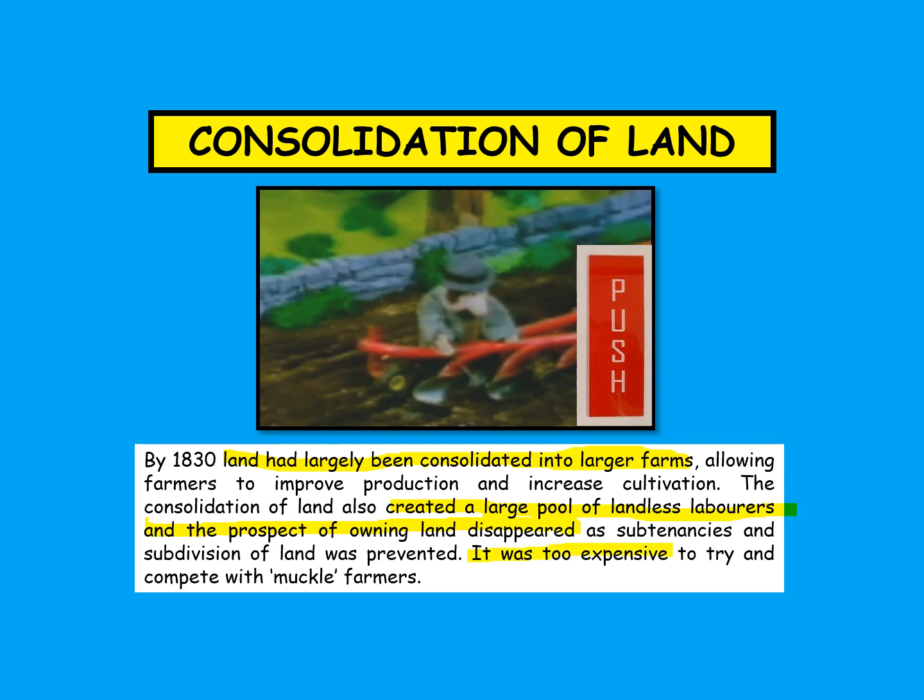It was too expensive. And again, linking back into the question of why they left, so you would say this encouraged people to move abroad to places like Canada where land was available.